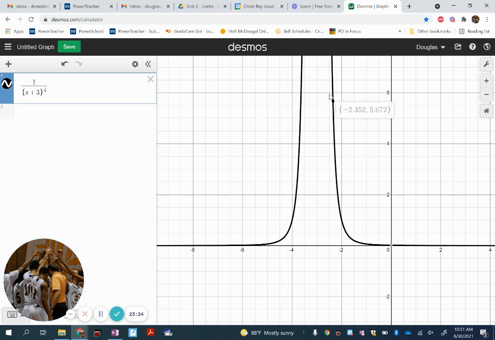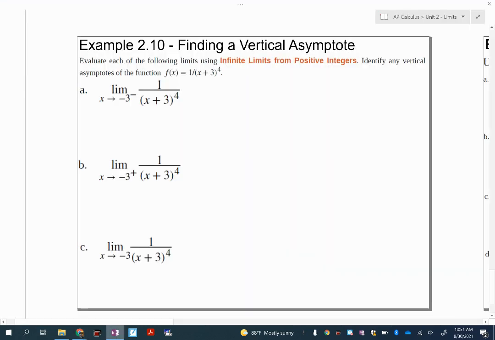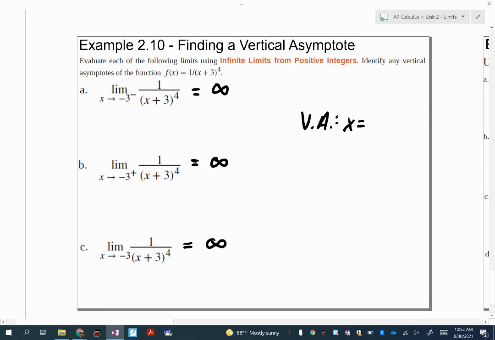As we approach negative 3 from the right, we're going up to infinity. Because they match, the limit as x approaches negative 3 is infinity, and so we actually have a vertical asymptote at x equals negative 3.